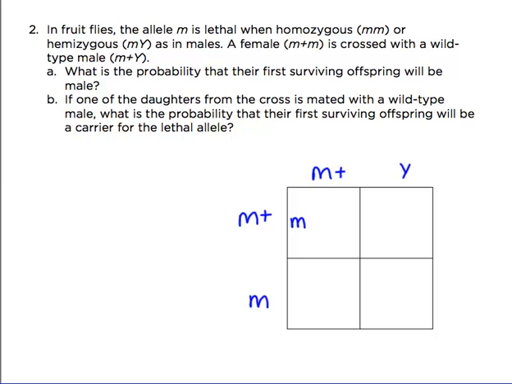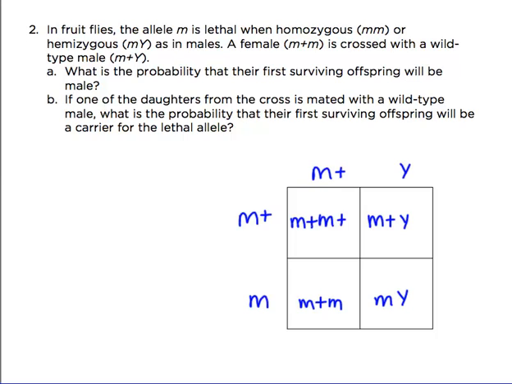So the female has M plus and an m, and the male is wild-type, has M plus and Y. So we have M plus Y, M plus m, in mY. So just take note that this must be an X-linked allele, and that's why we're writing it as M plus Y. Okay, so are any of these lethal?